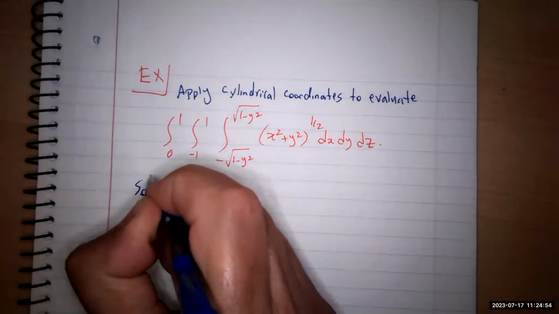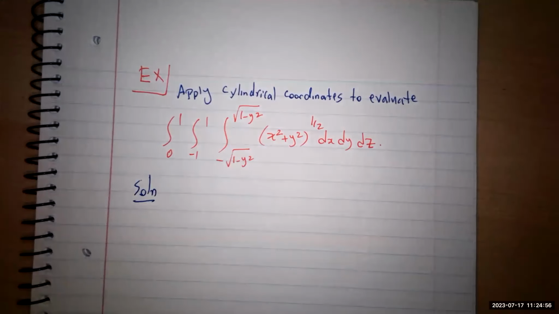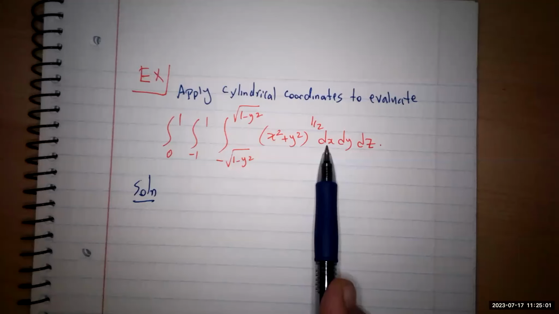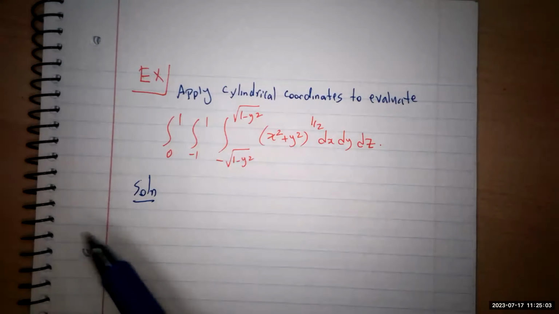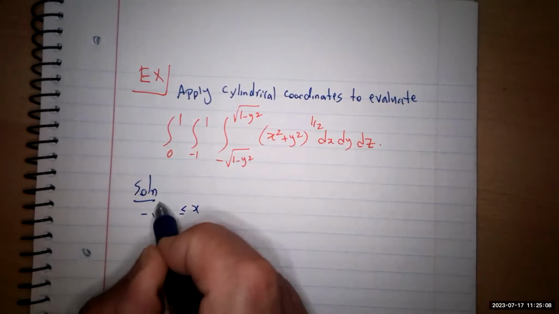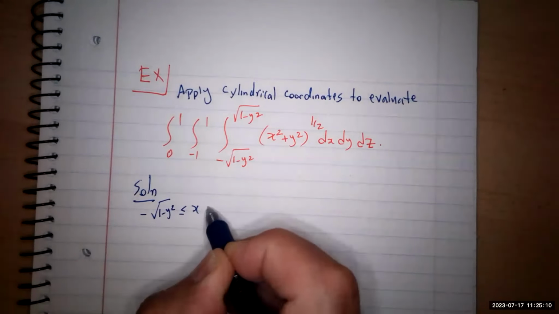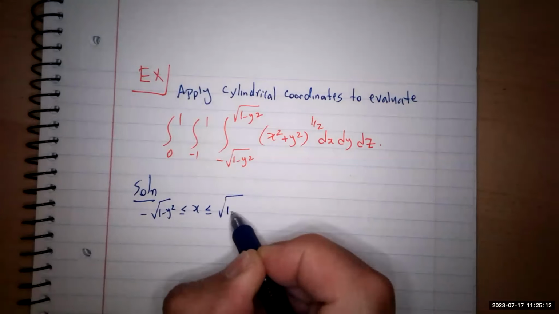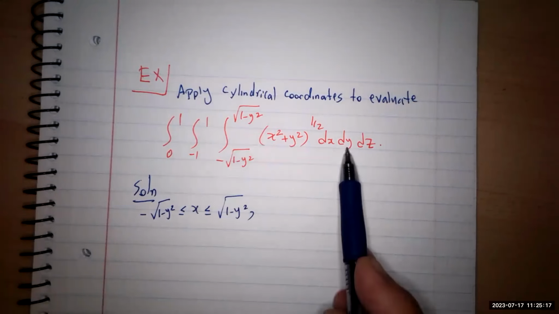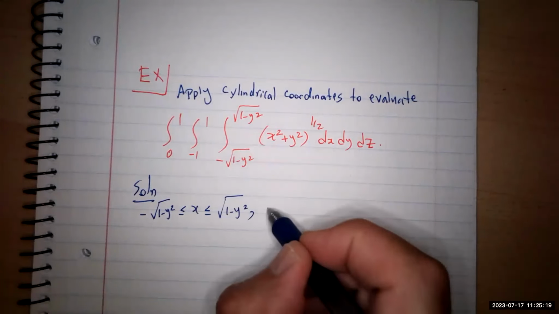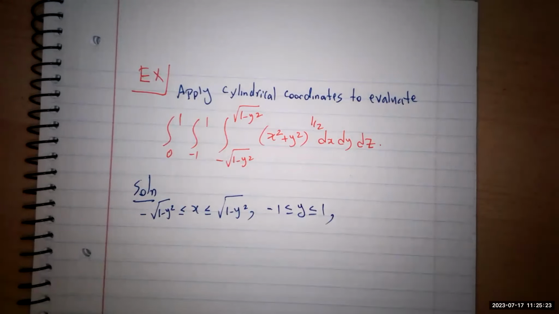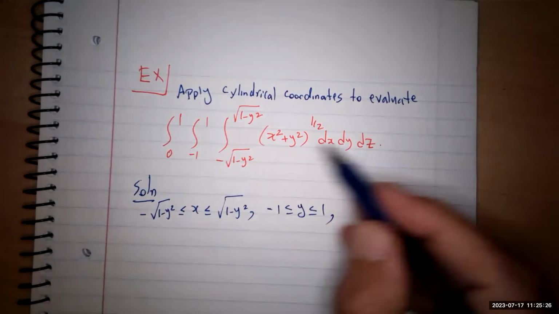You integrate with respect to x first, so x is between negative square root of 1 minus y squared and square root of 1 minus y squared. This is the reading from the first part. Then you get y: your y is between negative 1 and 1, and your z is between 0 and 1.